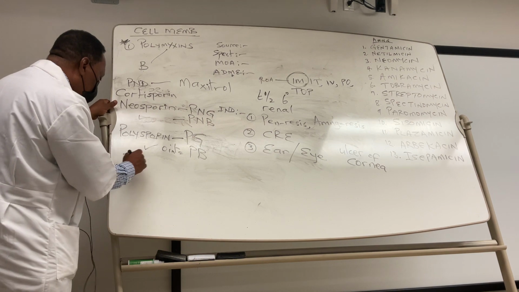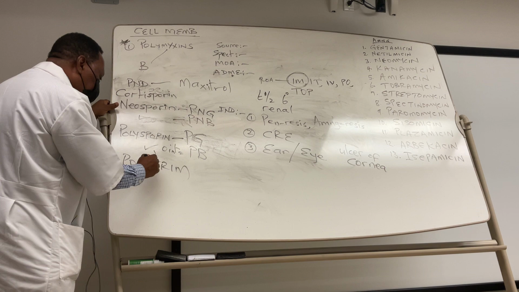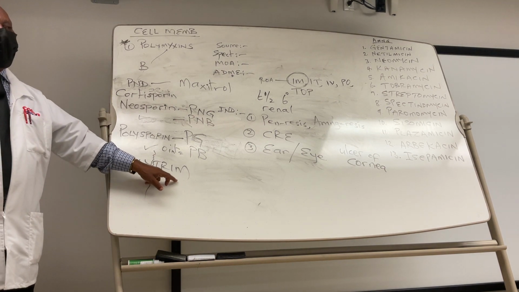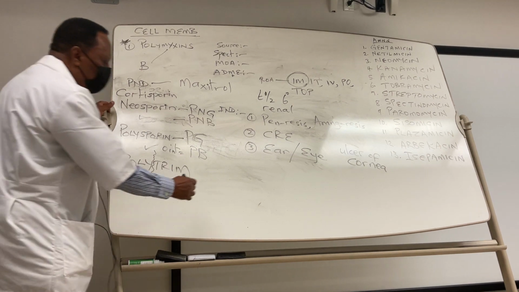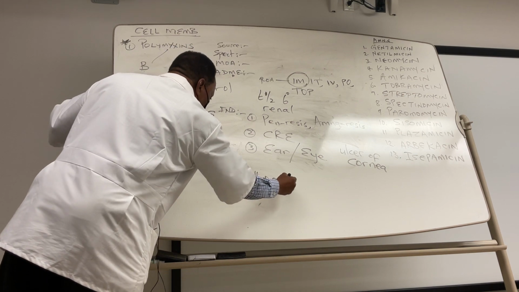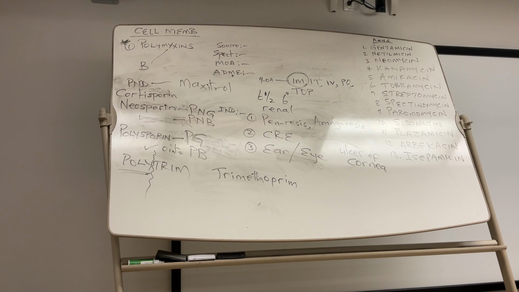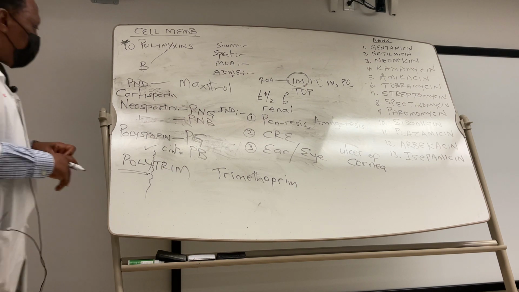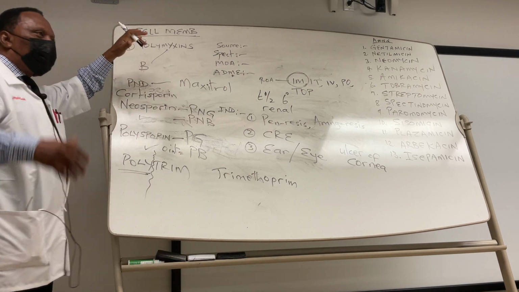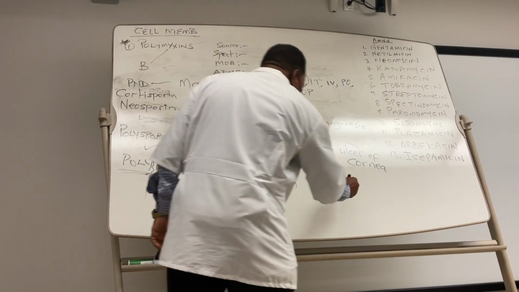We mentioned another very common one, Polytrim. We break that down: polymyxin with trimethoprim. That would be your Polytrim. Now there's another preparation that combines polymyxin with a tetracycline, oxytetracycline.